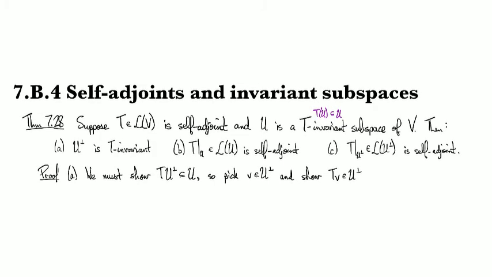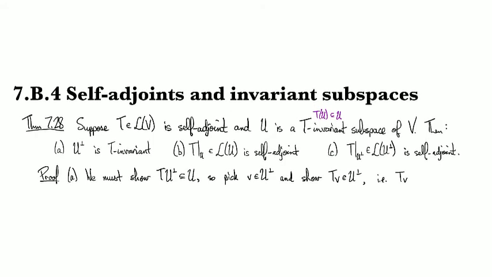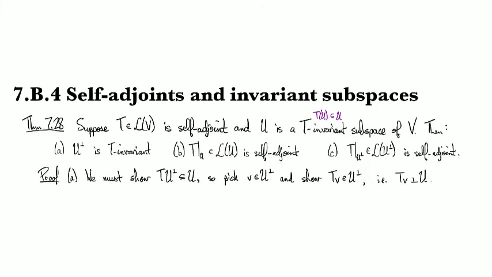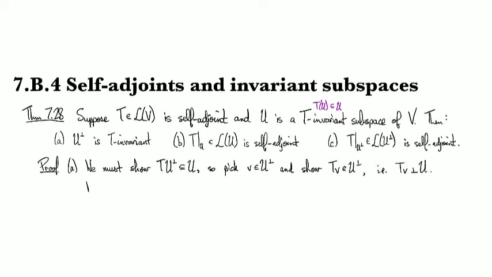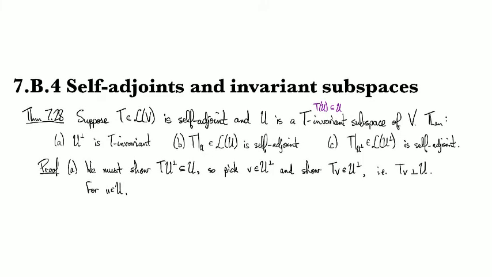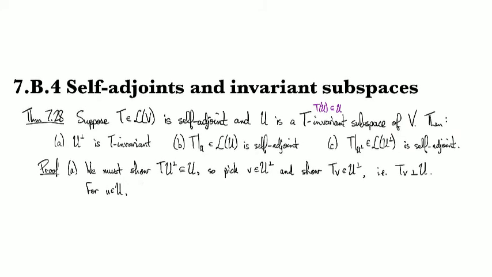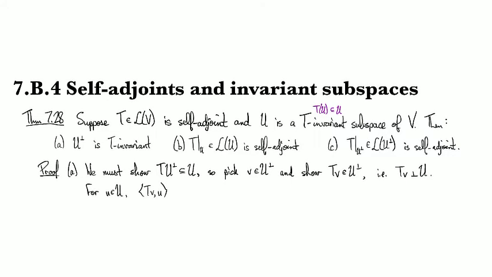In other words, we want to show that the vector Tv is orthogonal to all of U. So how do we do that? Well, we pick something in U and toss it into the inner product and see what we get. So if we have the inner product of Tv and u, then let's see.